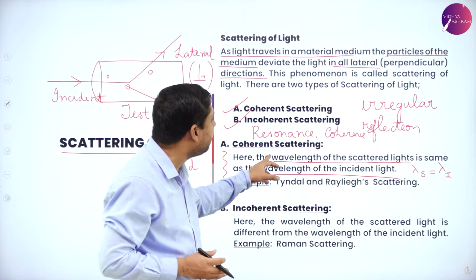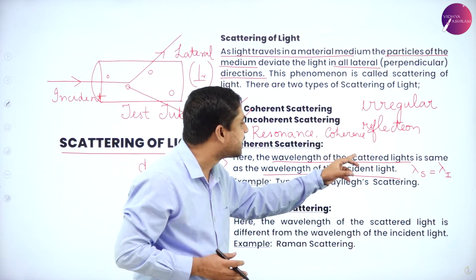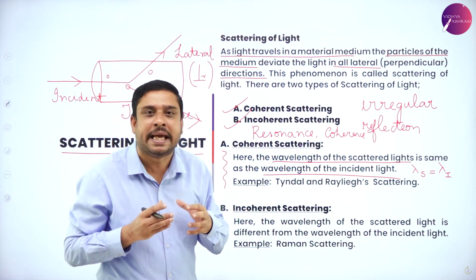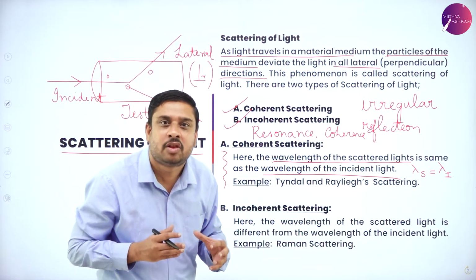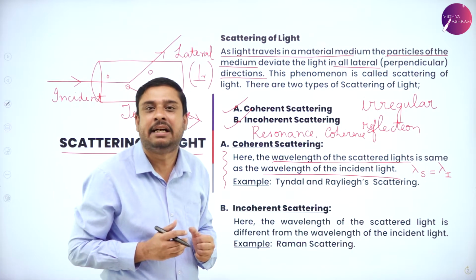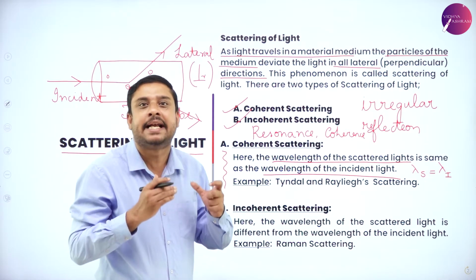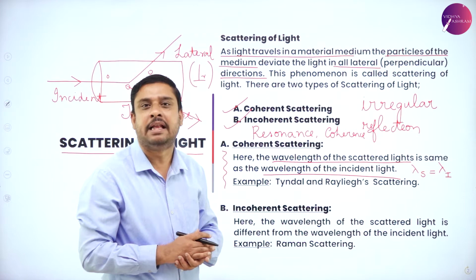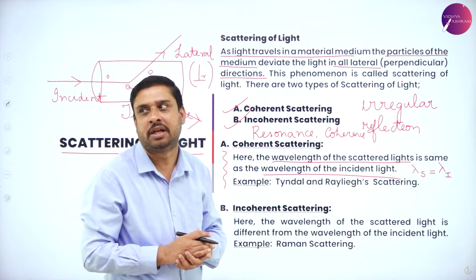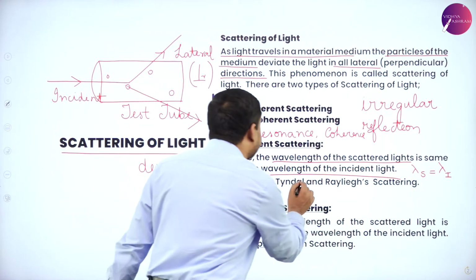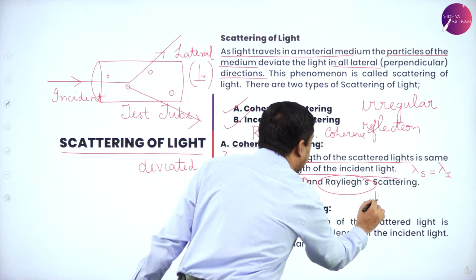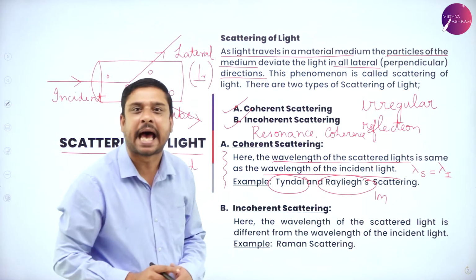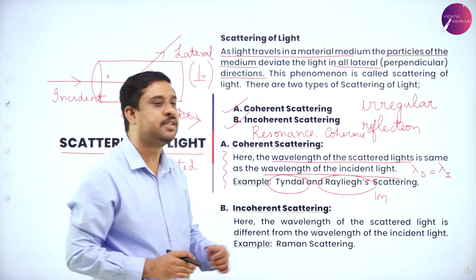Coherence means wavelength matching condition. Example, Tyndall scattering and Rayleigh scattering are examples of coherent scattering.